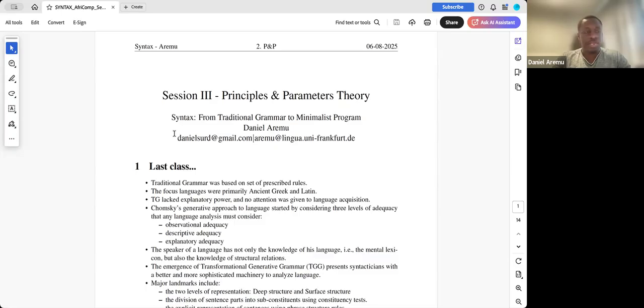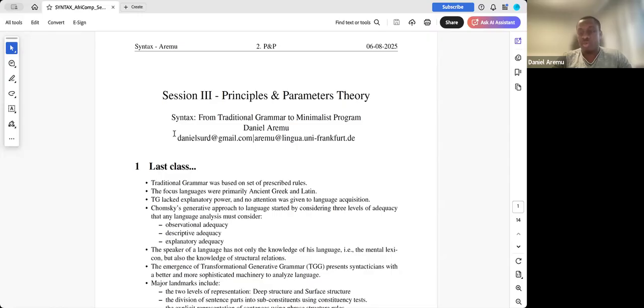The difference lies in the fact that, if you remember the last class, we discussed the two levels of representation of Chomsky, which are the deep structure and the surface structure, right? LF deals more with the surface structure. We can have a sentence that is both deep structure and surface structure.